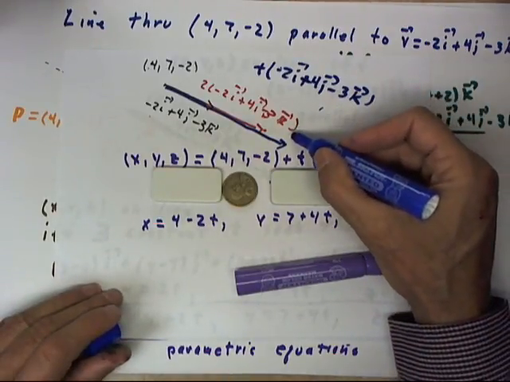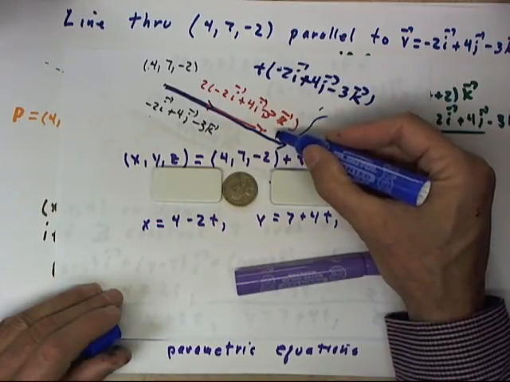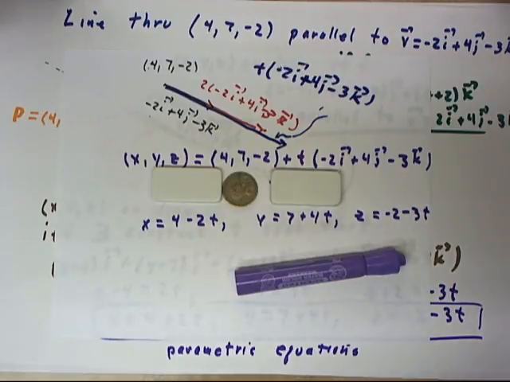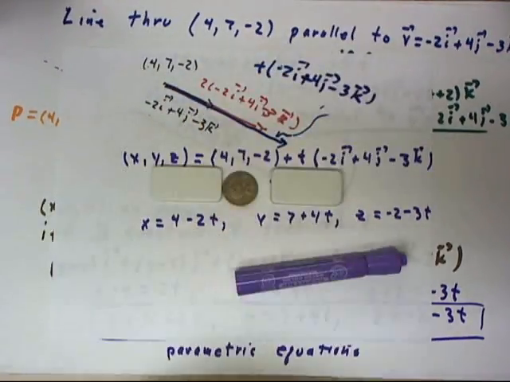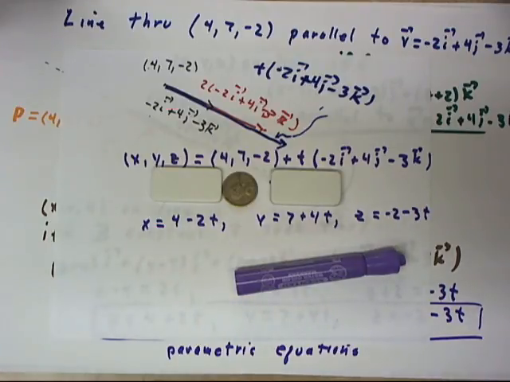That would represent the displacement vector from here to here. So our point (x, y, z) in general would be (4, 7, -2) plus t times our v vector, -2i + 4j - 3k.